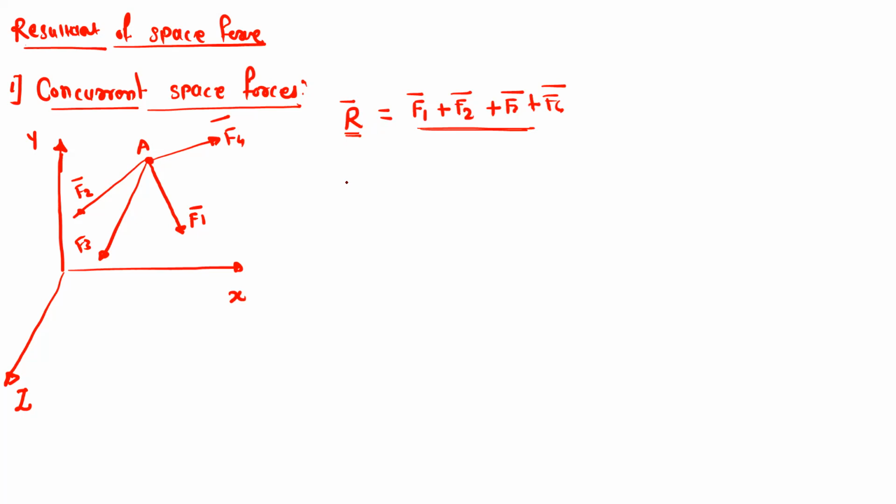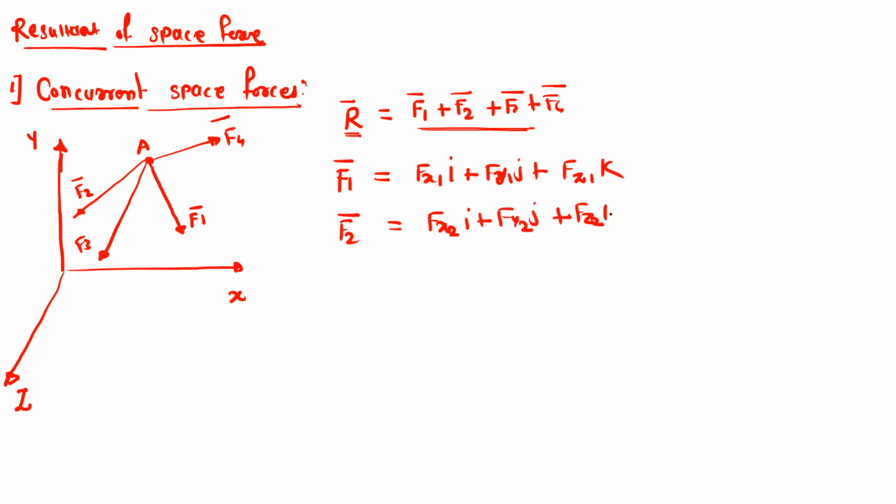Suppose we have F1 bar equal to Fx1 into i plus Fy1 into j and Fz1 into k. So this is the vector representation of the first force F1 bar. Similarly, we have F2 bar and F4 bar.